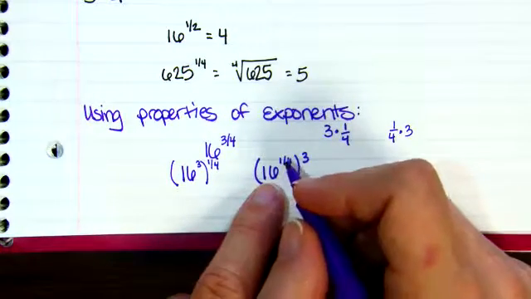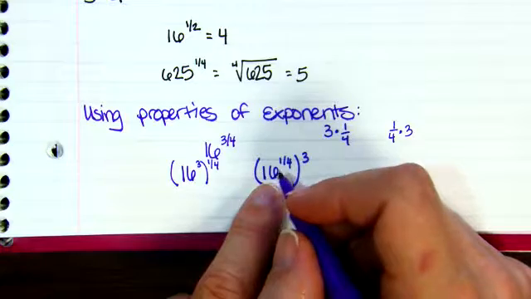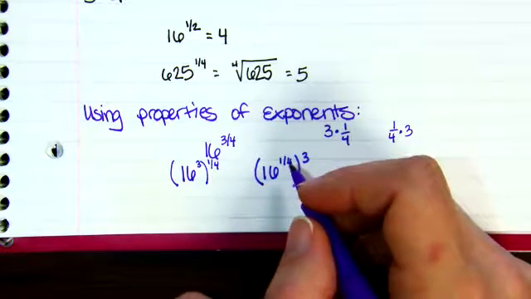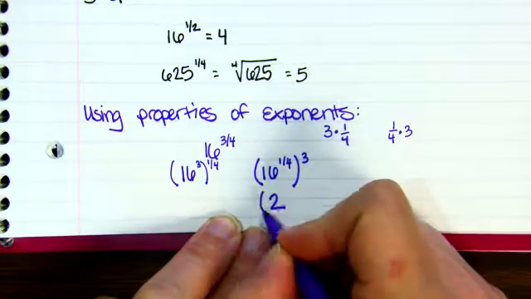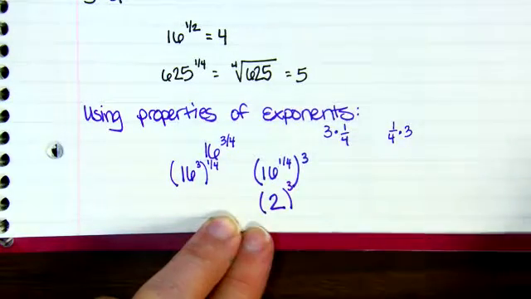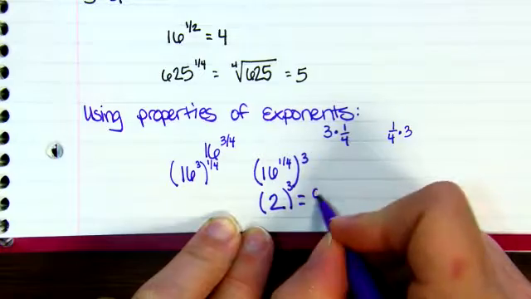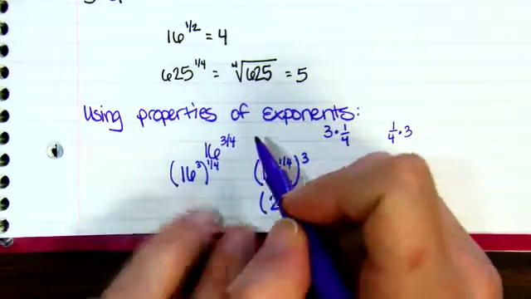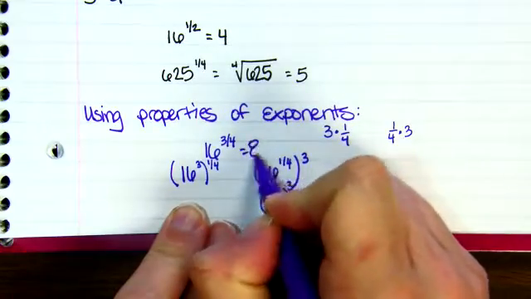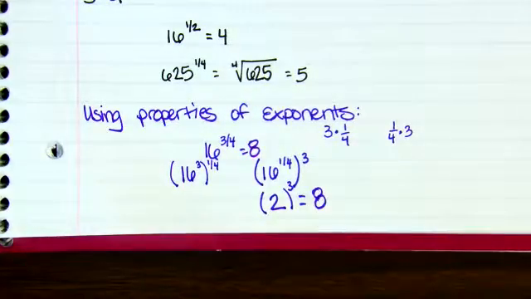Instead, if I take the 4th root of 16, that's going to be 2, because 2 to the 4th power is 16. So this is just 2, and then it's being cubed. So 2 cubed is 8. So 16 to the 3/4 power is really just 8.